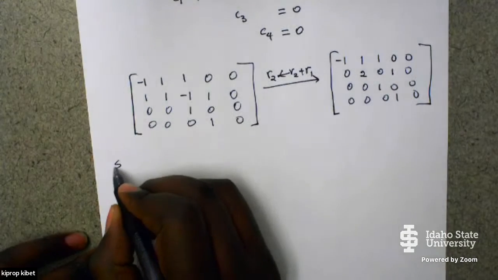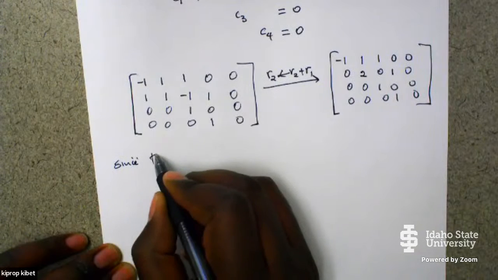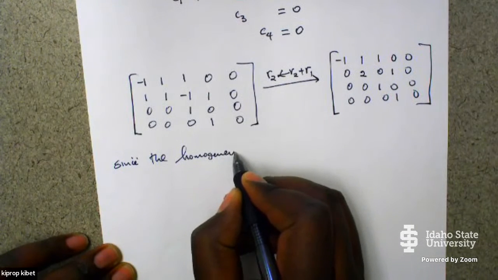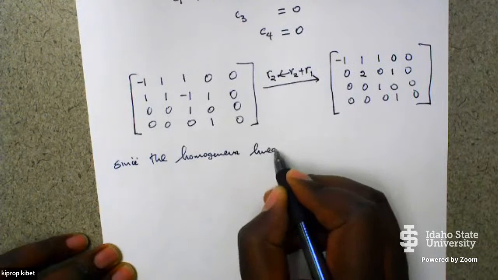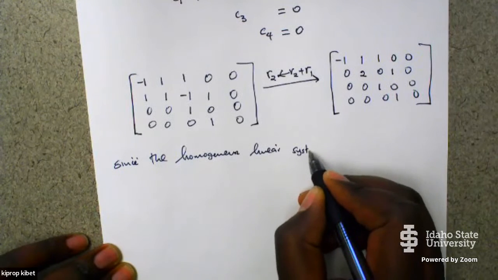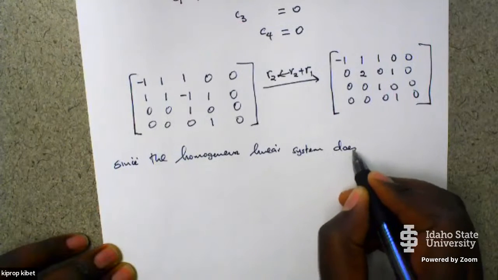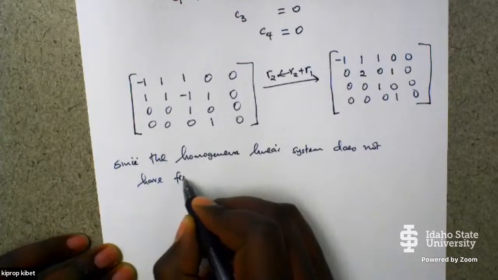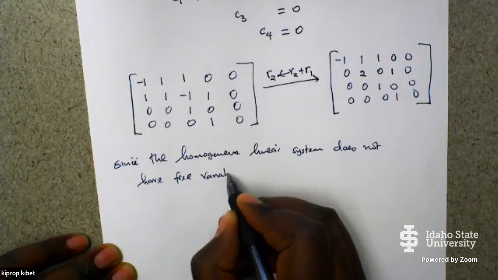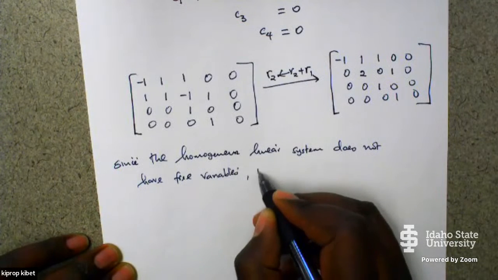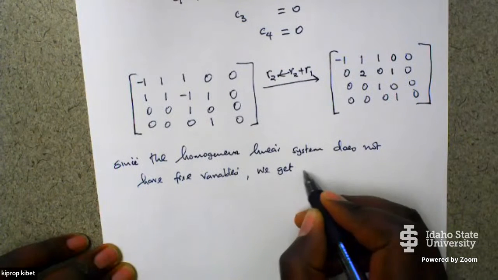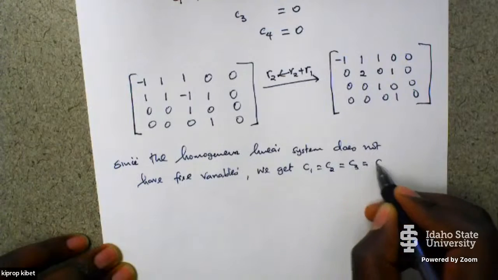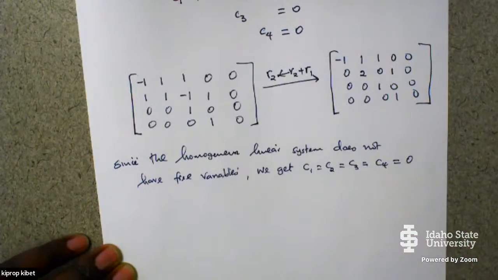Therefore, since the homogeneous linear system does not have free variables, we get C1 equals to C2 equals to C3 equals to C4 equals to 0.